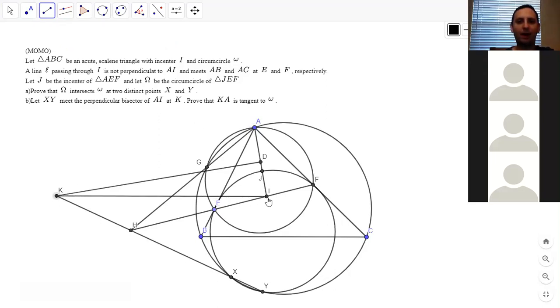We drew the parallels through I to the opposite sides. Is there any way we can use the incenter?